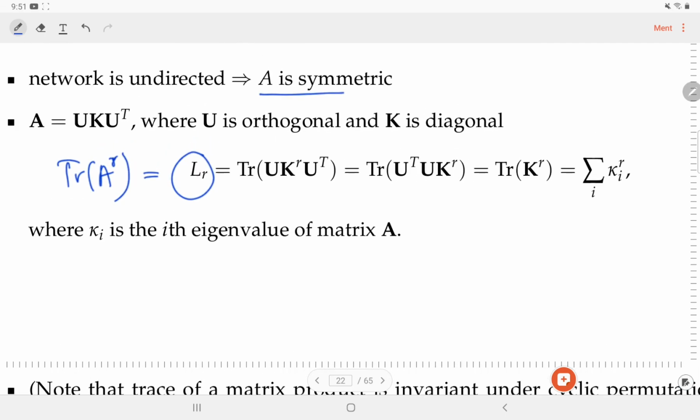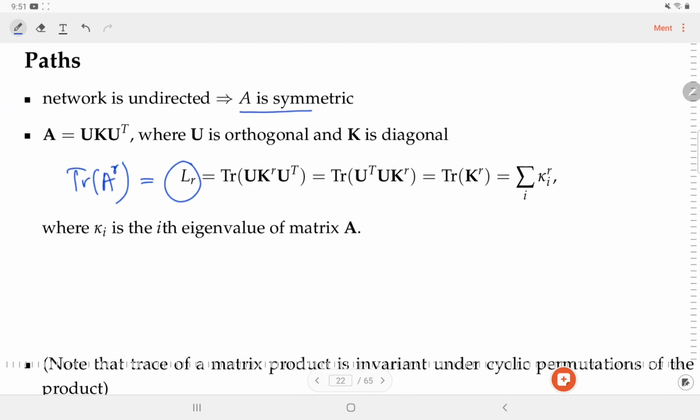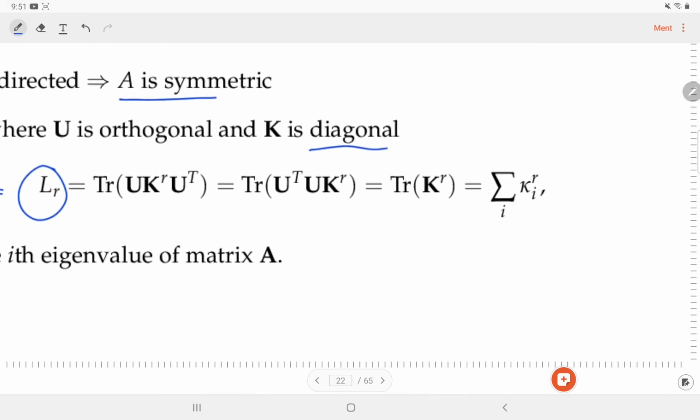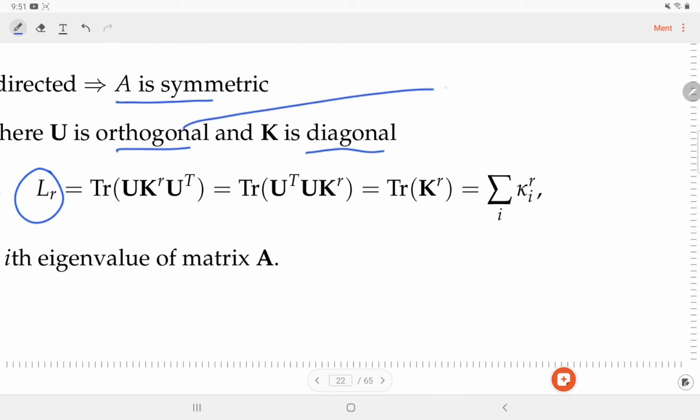Apparently if A is symmetric, then we can have this kind of decomposition of our matrix with two matrices, U and K. U is an orthogonal matrix and K is a diagonal matrix. A diagonal matrix contains only elements in the main diagonal and everywhere else is 0. And an orthogonal matrix has the property that U transpose multiplied with U is equal to the identity matrix. This is going to be used here.